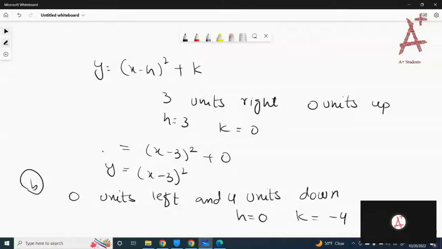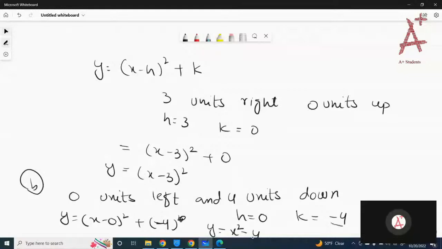Got it? So the equation is y equals (x minus 0) whole square plus -4. Sorry, it is not the square, just k, -4. So it would be y equals x square minus 4. That is the equation of the parabola. Got it? The transformation is 4 units down.